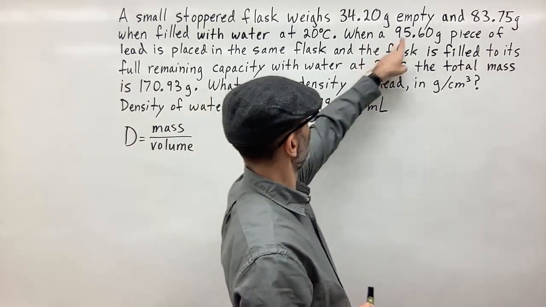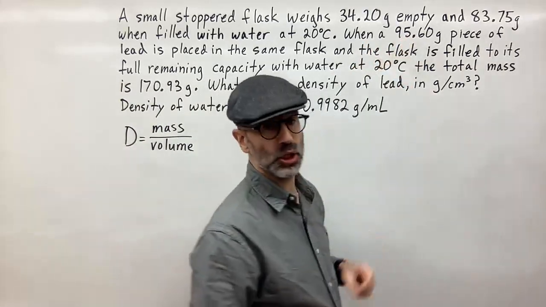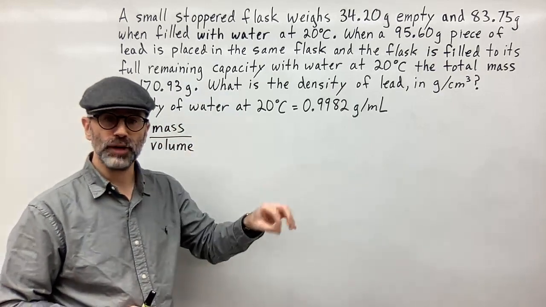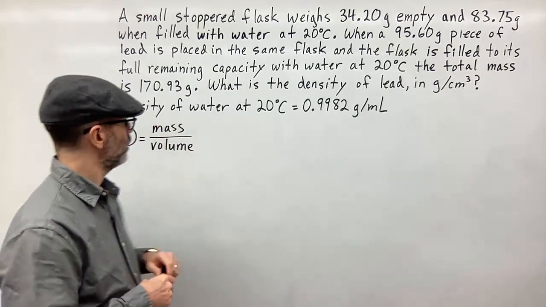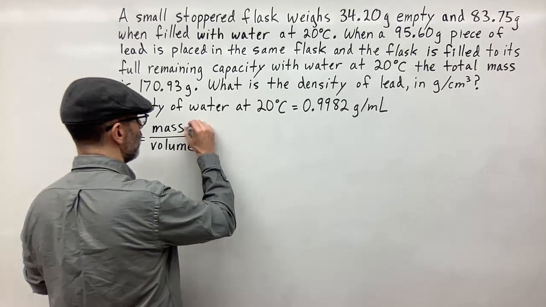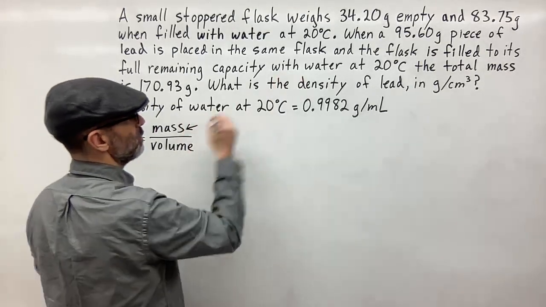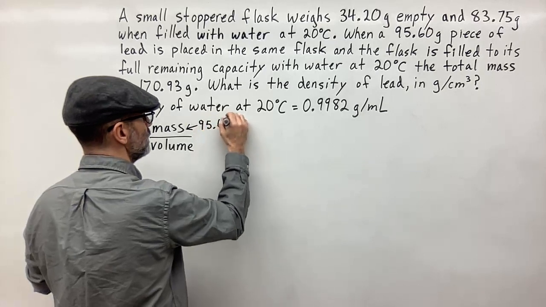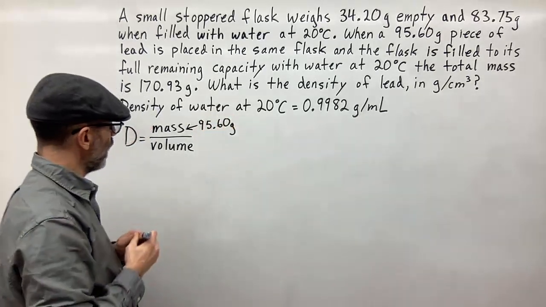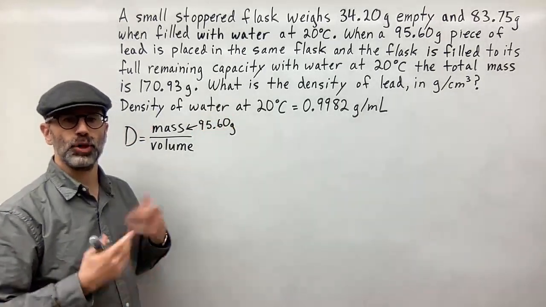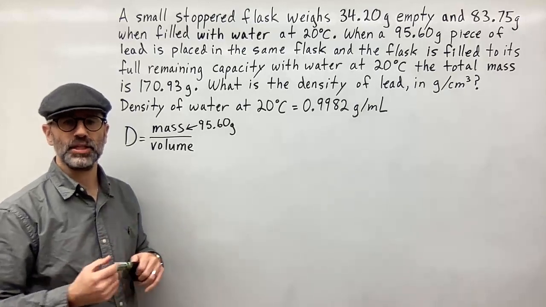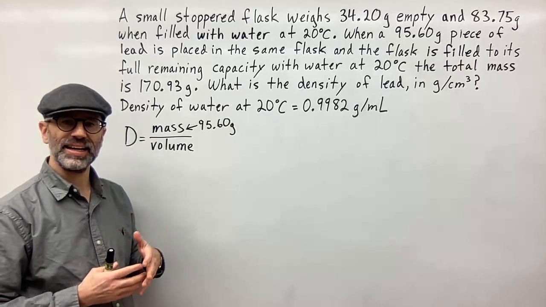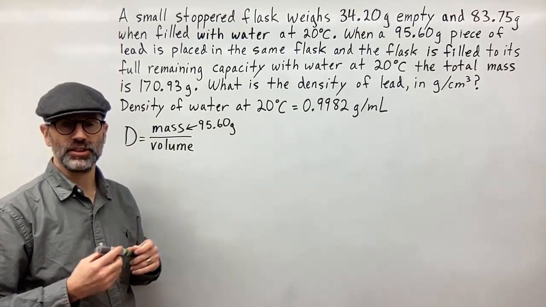So when a 95.60 gram piece of lead is put into the flask, we've got the mass, right? So the mass is going to be 95.60 grams. So now all we need to do is find the volume. We don't know the volume. They didn't give that to us. But we can figure out the volume of the lead based on the information they're giving us.